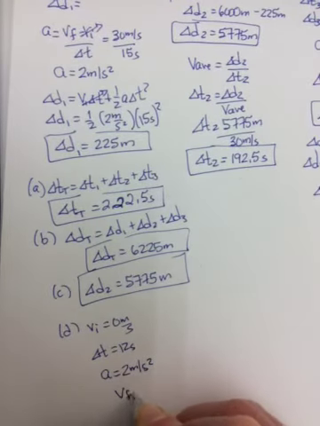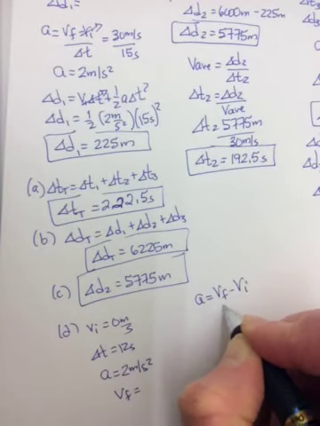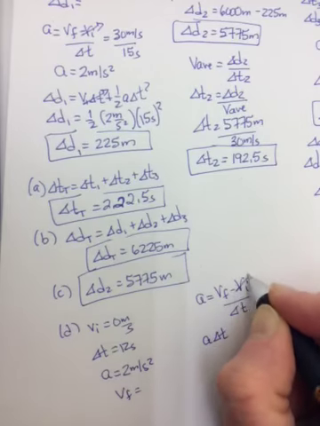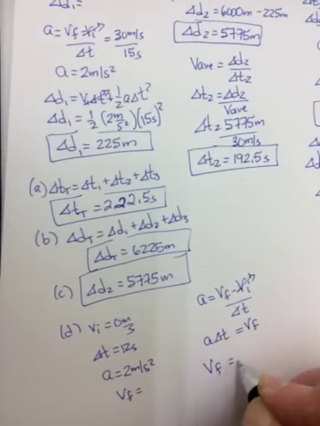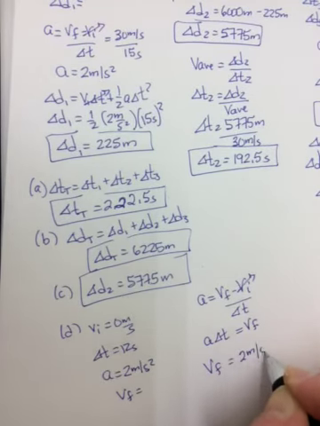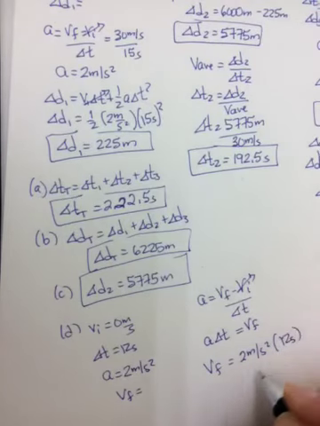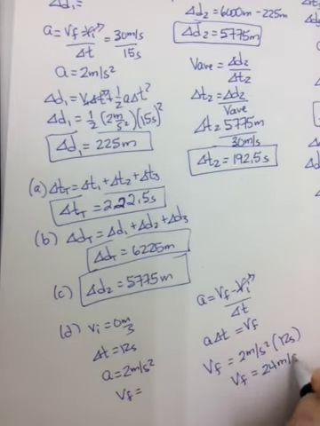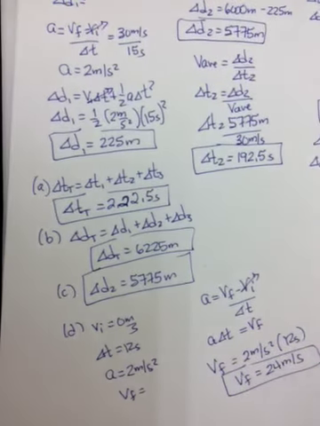And so you can find VF. A is equal to VF minus VI over delta T. So A delta T, the VI goes to 0 still, is equal to VF. So VF equals 2 meters per second squared times 12 seconds. VF equals 24 meters per second. Should be the answer. Okay?